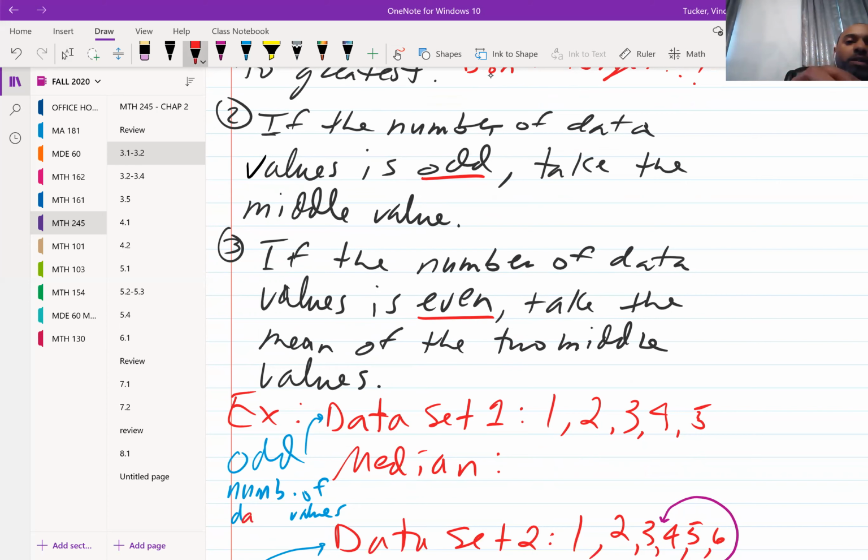So that means I actually have a middle value, which would be 3. And so that is the median. Remember, your median just represents your middle value. It's the data value that splits your data set in half. So if you have an odd number of data values, you just find your middle value, and that would be your median.